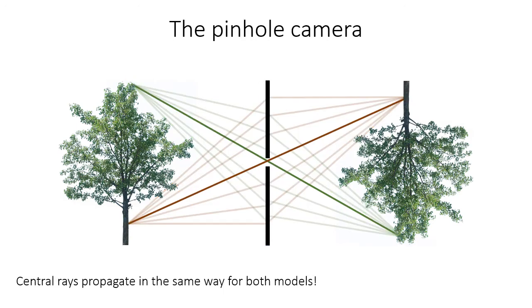When you see the pinhole camera model again, the central rays propagate in the same way for both models, right? The difference is that pinhole cameras make a barrier for other rays, but the lens camera system has a good lens, so these other rays from the same point are also focused on this point.